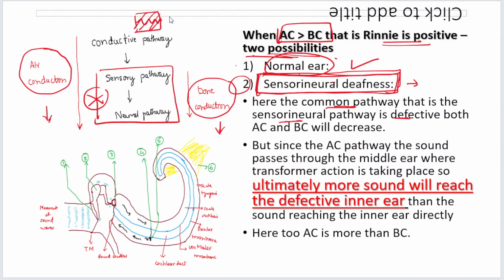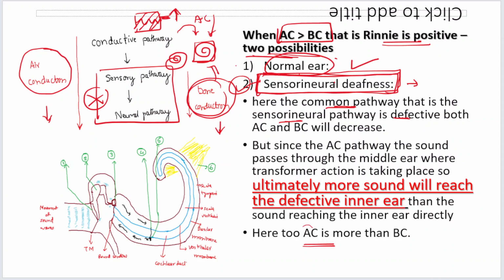The transformer action of the middle ear will increase the sound. So the sound that is presented to the cochlea is more when the sound is coming through the air conduction pathway than the sound that is coming through the bone conduction pathway, because of the transformer action, which presents more sound to the cochlea. So even in sensorineural deafness, air conduction is better than bone conduction.